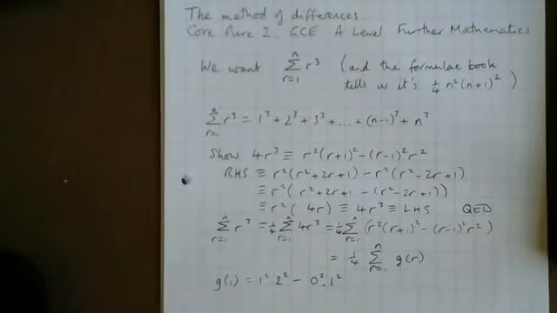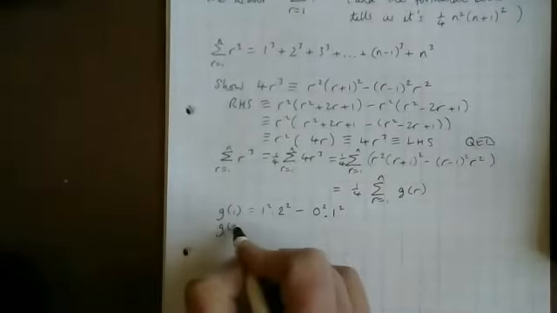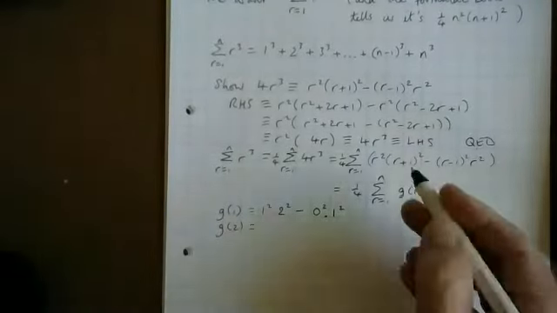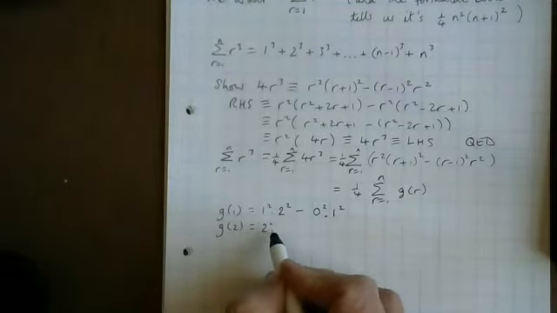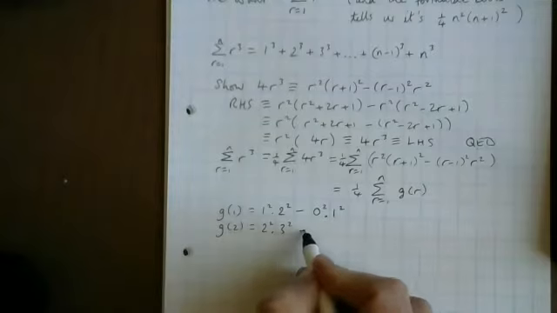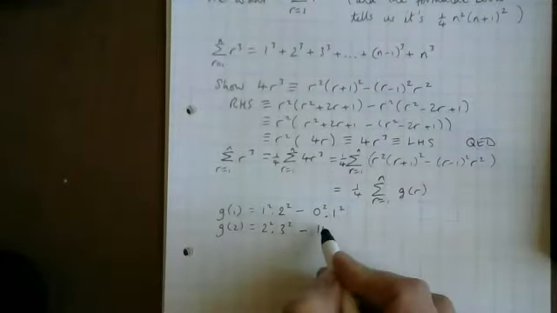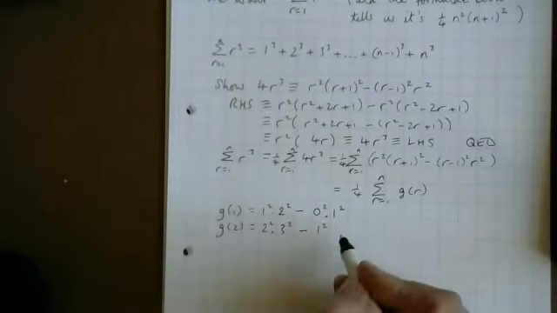G of 2 is 2 squared times 3 squared, minus 2 minus 1, which is 1 squared, 2 squared.